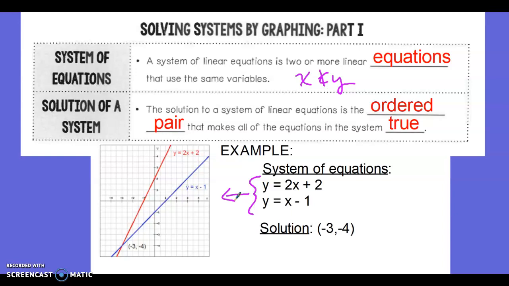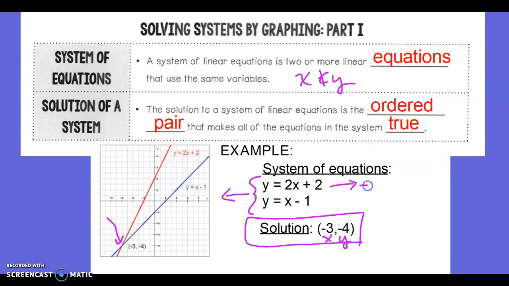What we're looking for is what ordered pair they have in common, that they share. If I look right here at this point, (-3, -4), that's where they are overlapping. So that is called our solution. Let me show you how we know that it makes the equation true. If I take this first equation and I put in -3 for x and -4 for y, I should get a true statement.